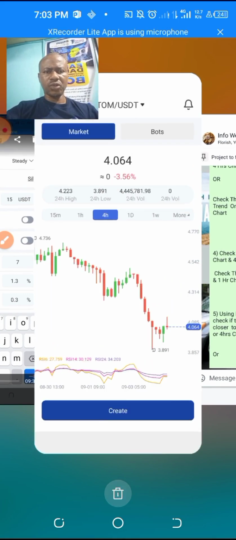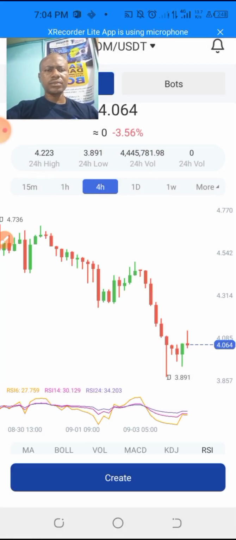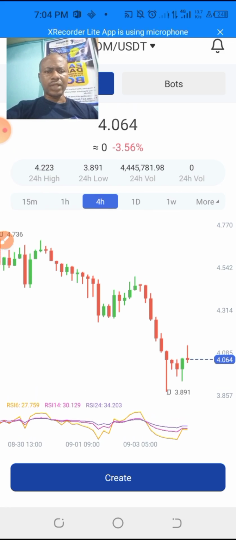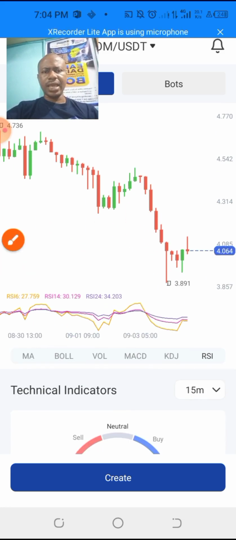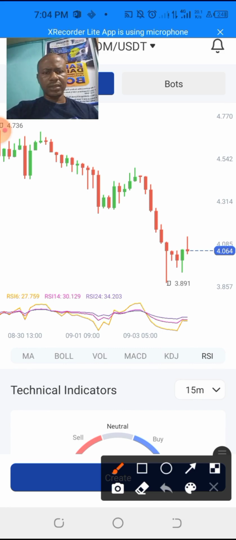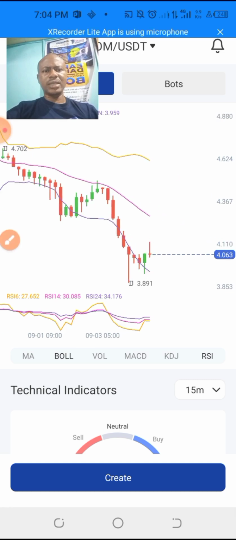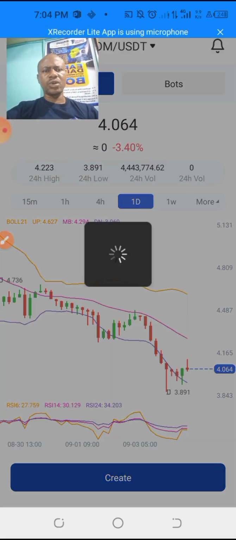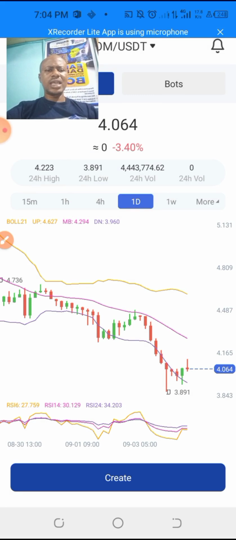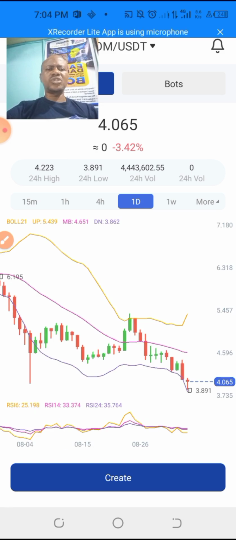So let me focus on this Atom. So the Bollinger Band is here. This Bollinger Band, so I'll click it. That Bollinger Band is a very good indicator. Now the Bollinger Band helps you to know a perfect formation of a downward trend.